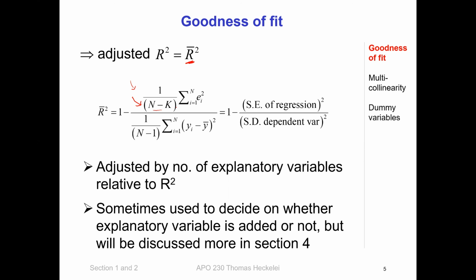The cost here is this penalty term, right? Then it can be considered worth adding. However, this is related to a more complex issue of model specification that we will talk about when we come to section 4.